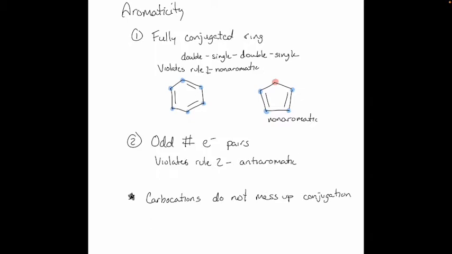So what I mean by that is if I took this exact same cyclopentadiene thing, but now this carbon up here had a positive charge, when I was determining whether or not it violated rule 1, I would again count these 4 right off the bat because they're associated with double bonds. But that positively charged carbon, that carbocation, does not mess up my conjugation, so I count that as well. So this is indeed still a fully conjugated ring because that carbon up top has a positive charge.